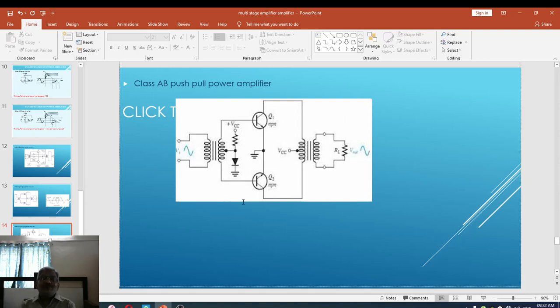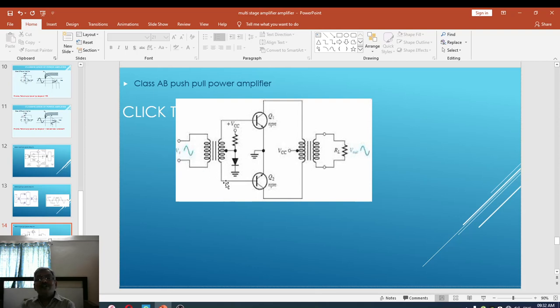What does it contain now? It contains, routinely, transformer T1, which is the impedance matching transformer, whose primary is connected to the input power to be amplified.